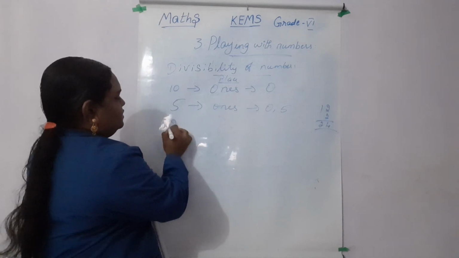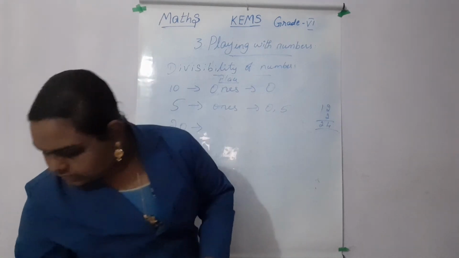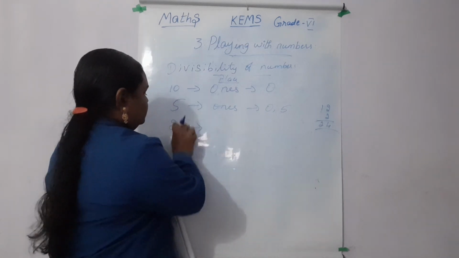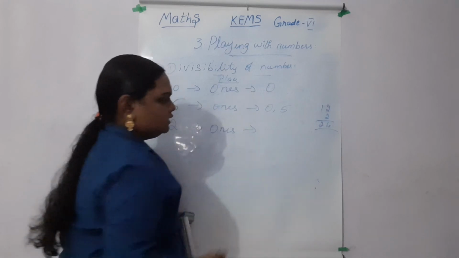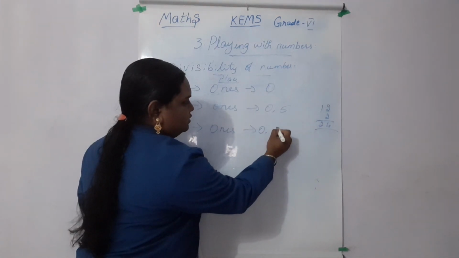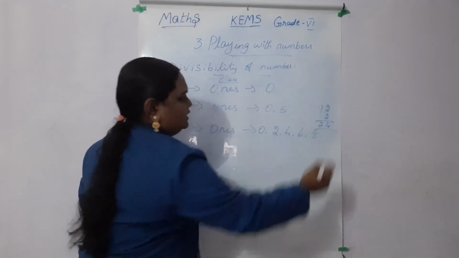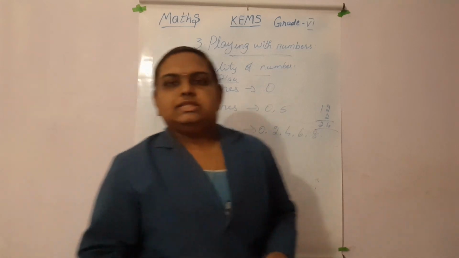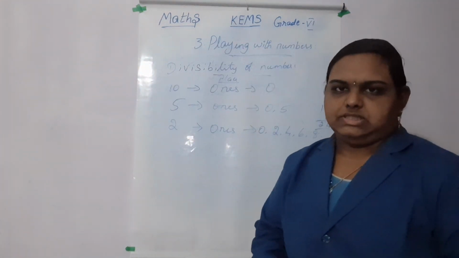Then for 2, what are the numbers that we can have in the ones place? 0, 2, 4, 6, 8. So, these are the methods to find the divisibility.